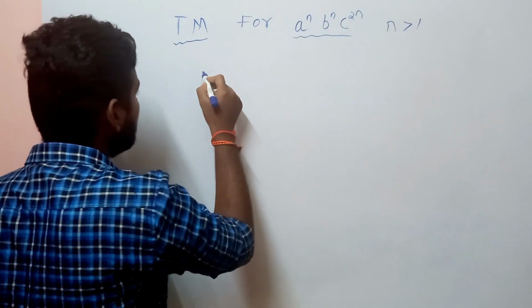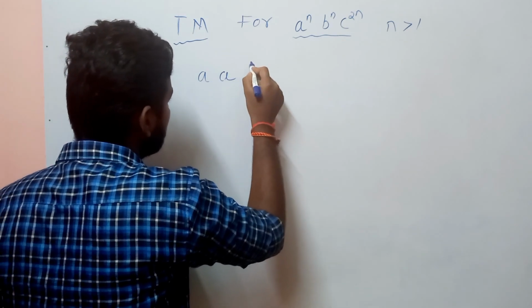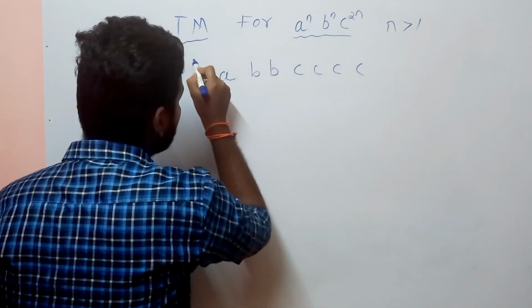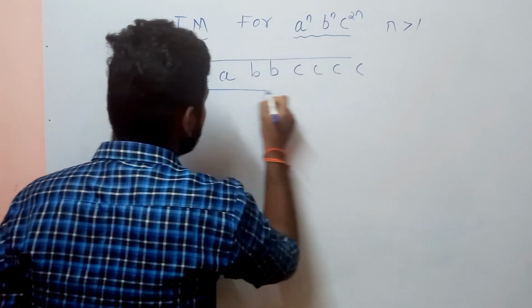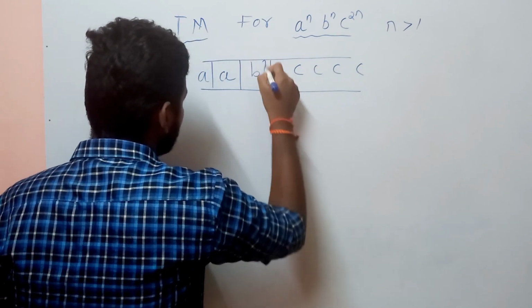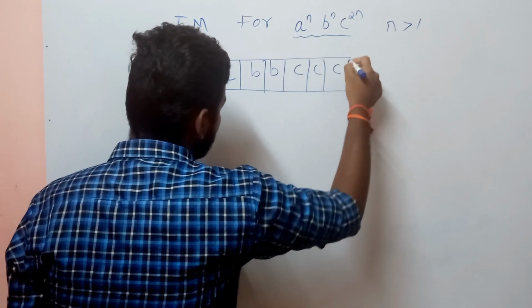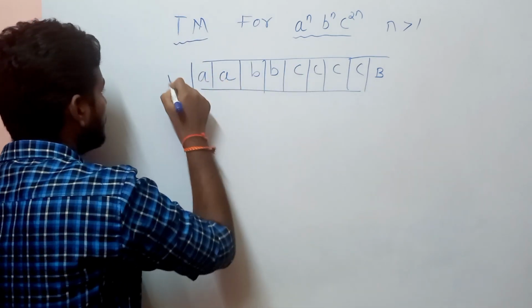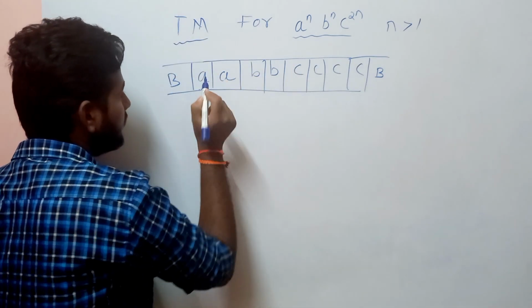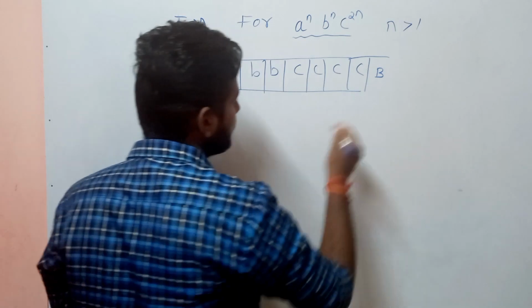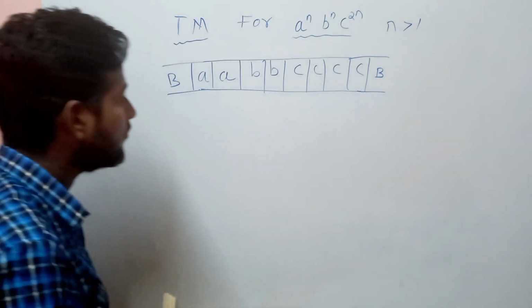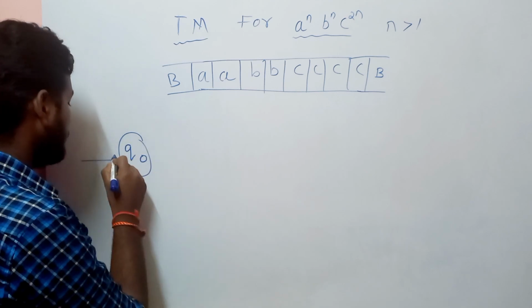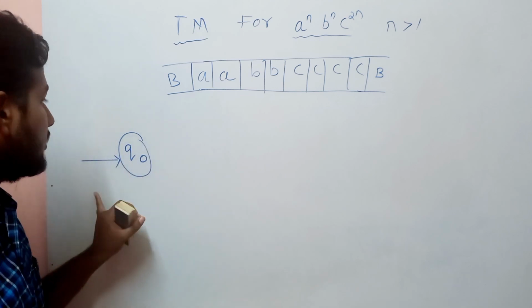Consider an example string. Q0 is the initial state.